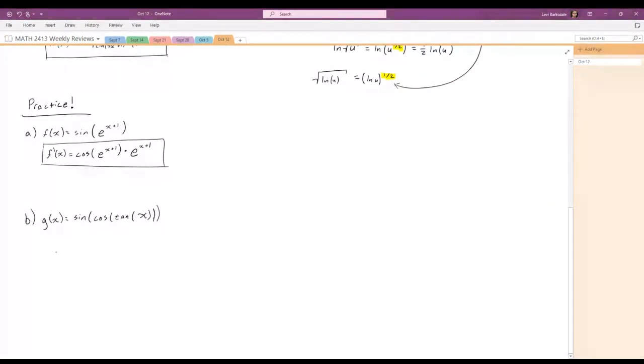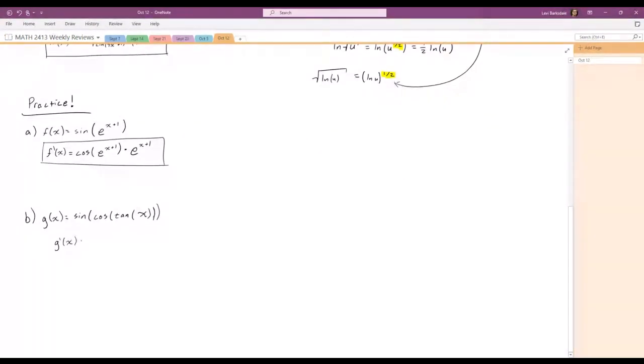For the second one, again, we always start with our outside function. Again, it's sine. Derivative of sine is cosine. We leave the inside alone. Then we multiply by the derivative of the inside. The inside now is cosine of tangent. We start with our outermost function.